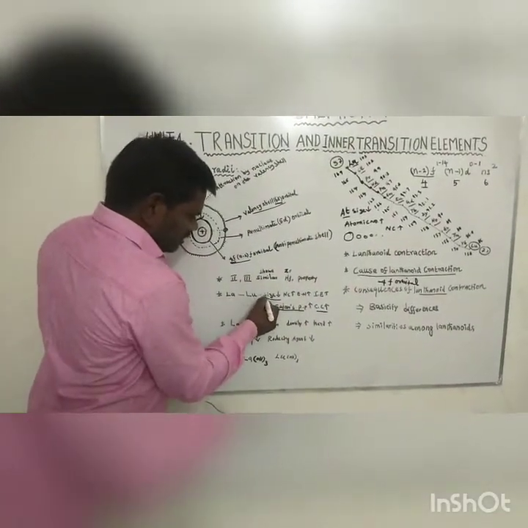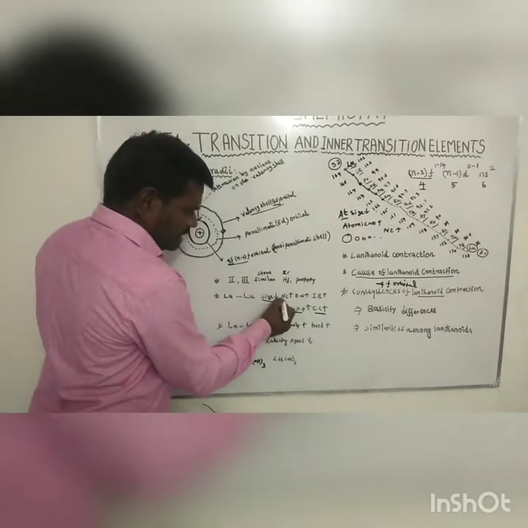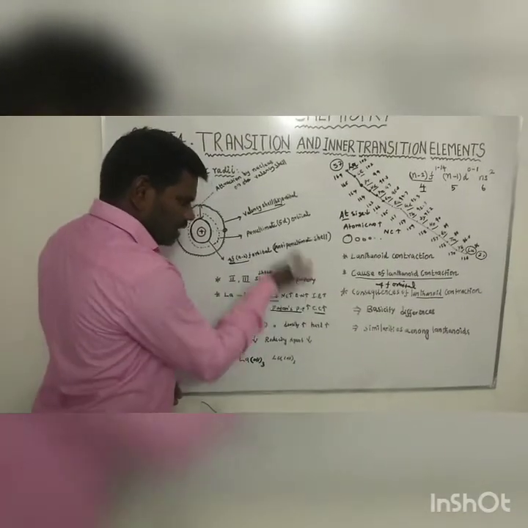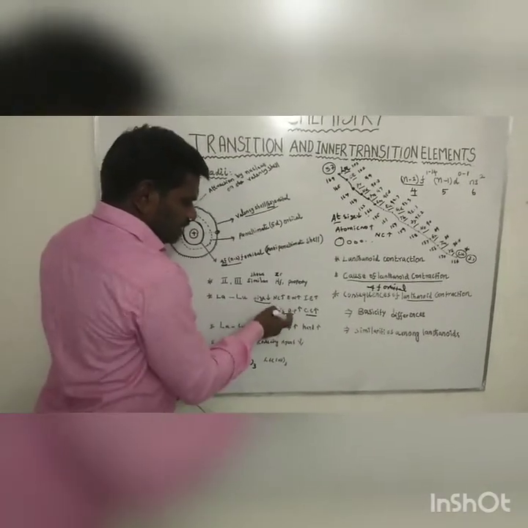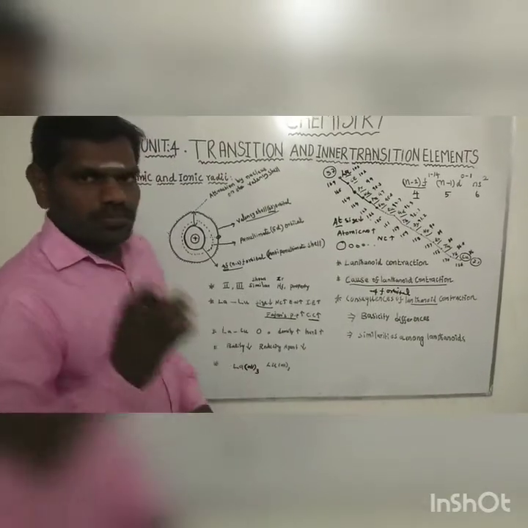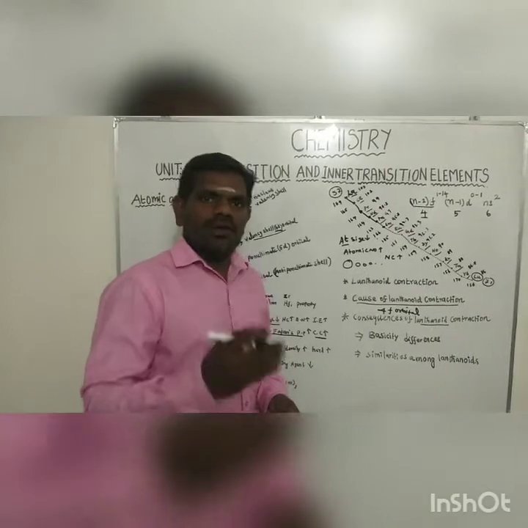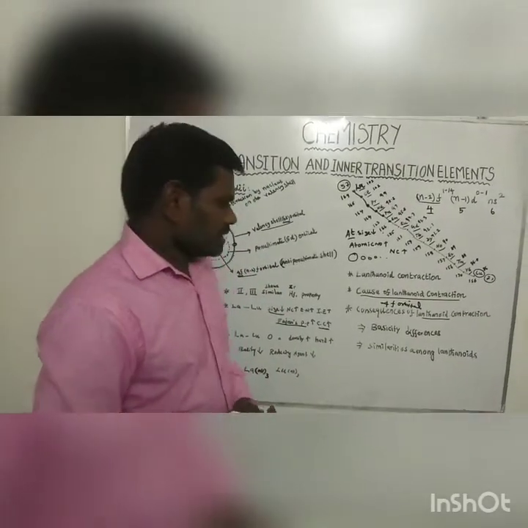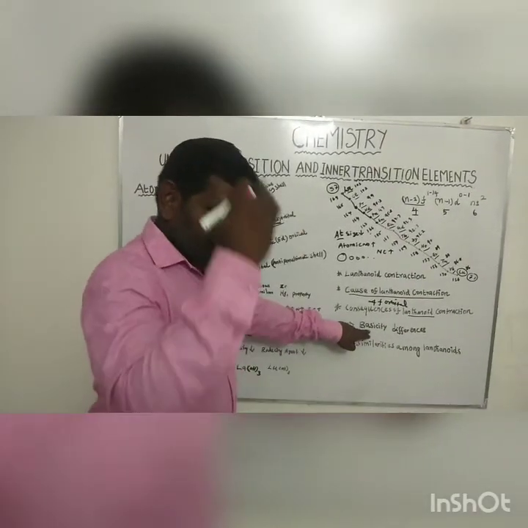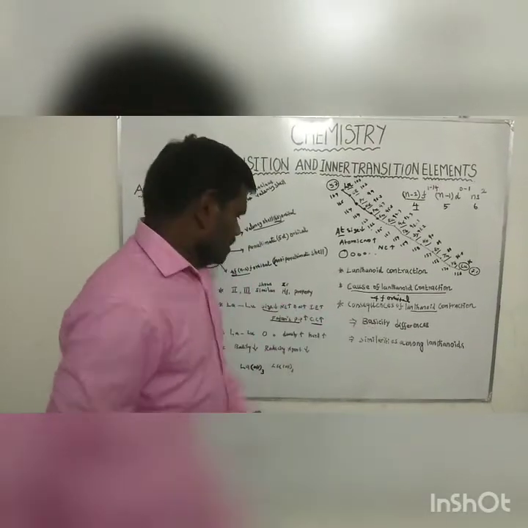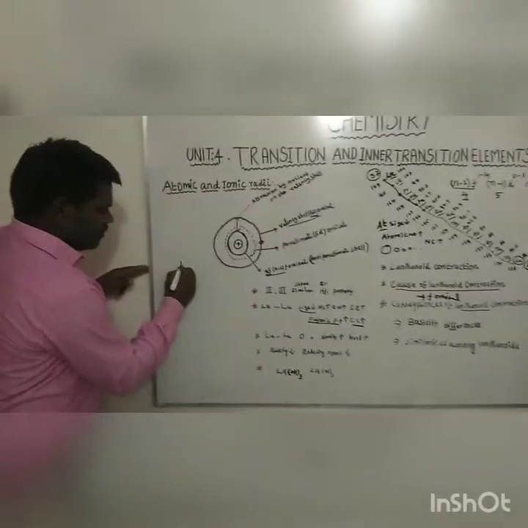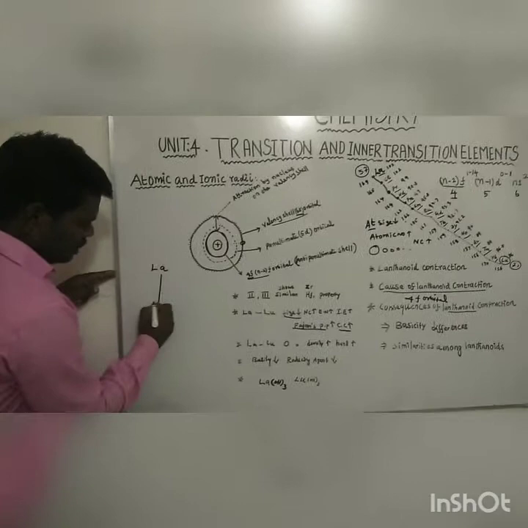So atomic size decreases, nuclear charge also increases. According to Fajan's rule, polarizing power increases, and at the same time covalent character also increases. This is why basicity decreases from lanthanum to lutetium.